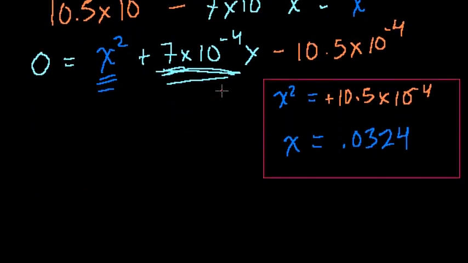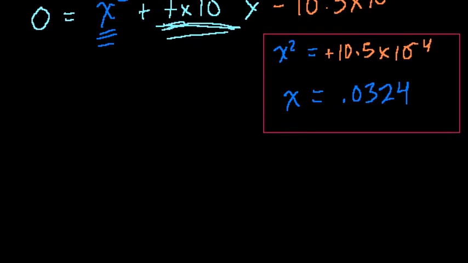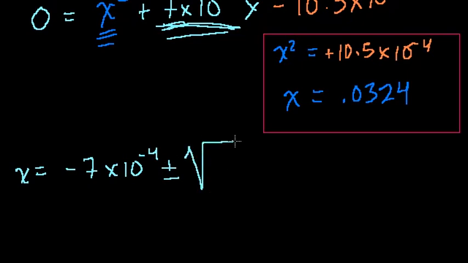Now let's solve it, just to confirm in our heads that we get the right answer, because that's actually the right way to get the right answer. So quadratic equation, minus b. So x is going to be equal to minus b, so minus 7 times 10 to the minus 4, plus or minus the square root of b squared.